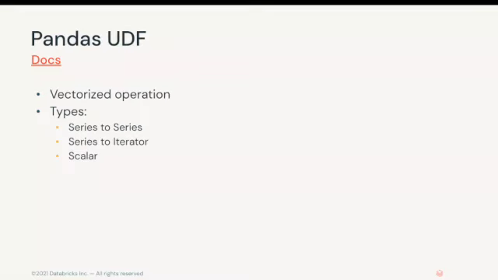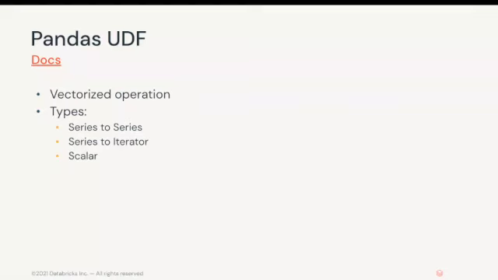Okay. All right, so next thing here is Pandas UDF. So this isn't necessarily a Databricks specific thing, but it is UDFs that you can build specifically for Pandas operations. So these are vectorized, which is the whole Pandas philosophy of processing rows in parallel as opposed to iteratively. These also have some options in terms of what kind of input they can accept and what kind of output they put out.